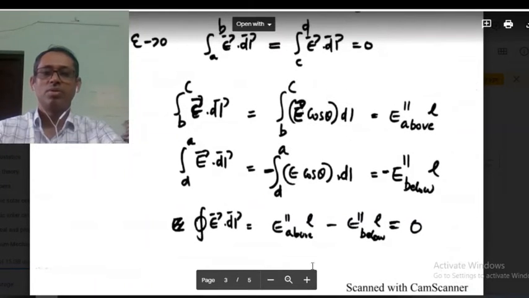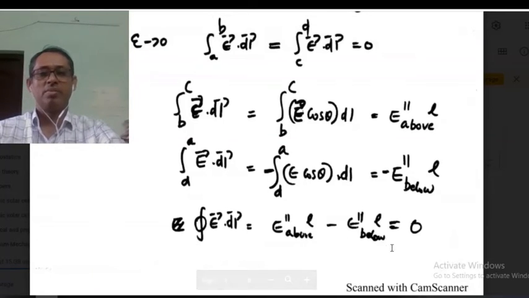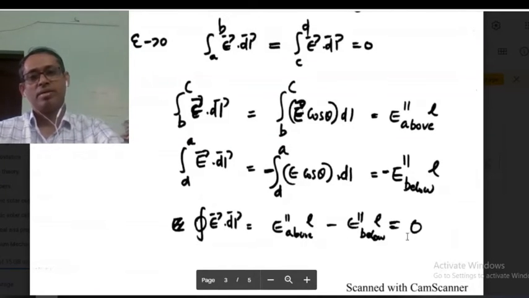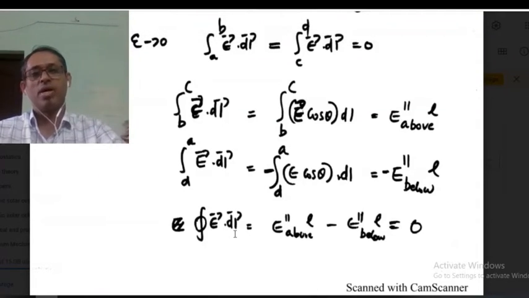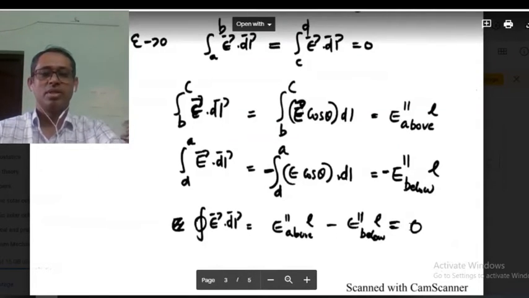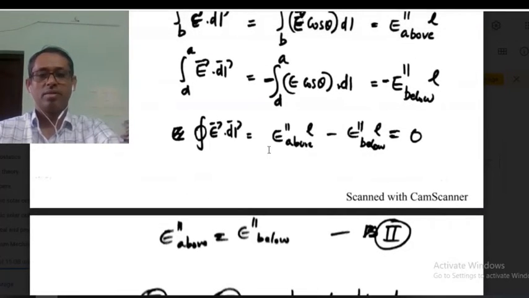So this is equal to E parallel above L minus E parallel below L. The total line integral of the electric field along the closed path is equal to 0. So E parallel above is equal to E parallel below.